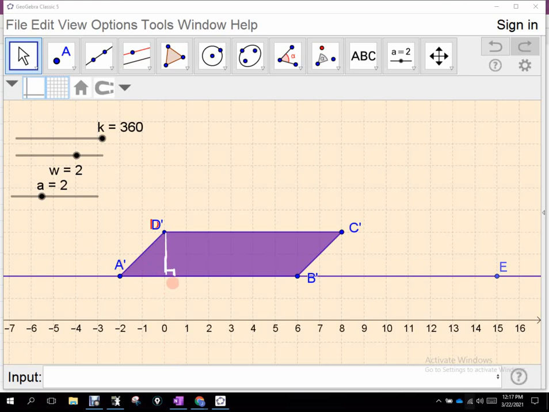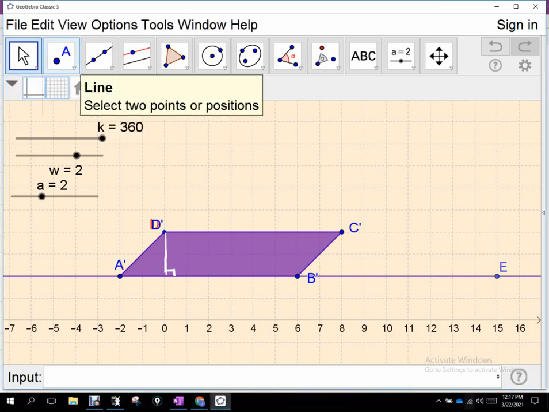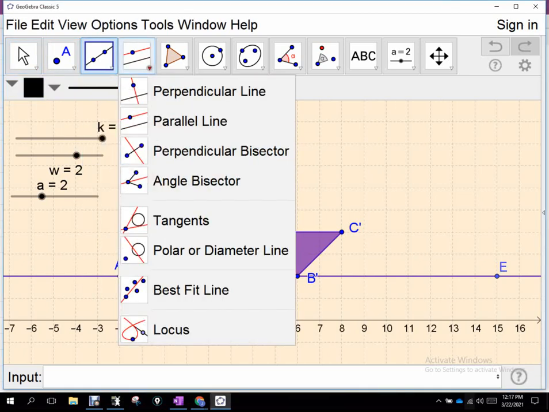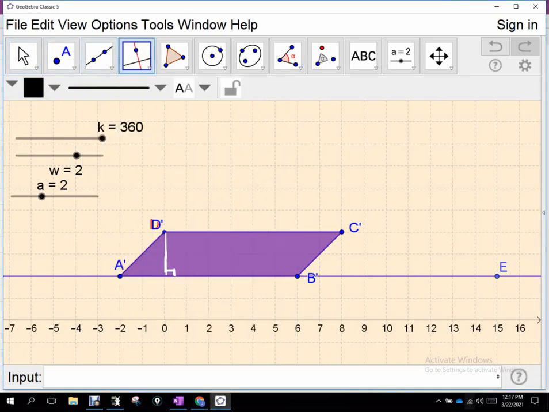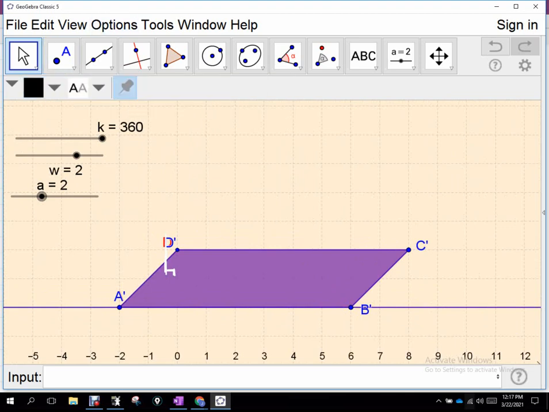We understand that? Okay. So what I'm going to do is I'm going to see if I can get GeoGebra to tell me that distance. So I'm going to go from a point perpendicular to one of these lines. I have to do this.